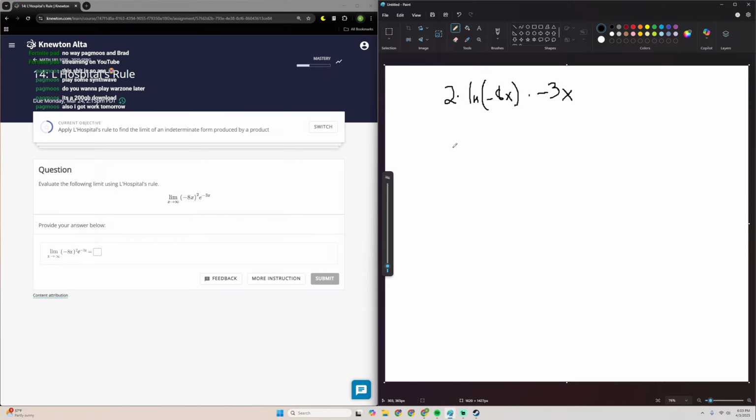And so 1 over 3 simply becomes 1 divided by negative 3x. That looks really small. Actually, you know what? I'll do it. 2 times ln negative 8x divided by 1 over negative 3x.